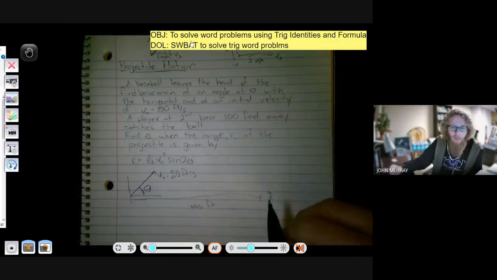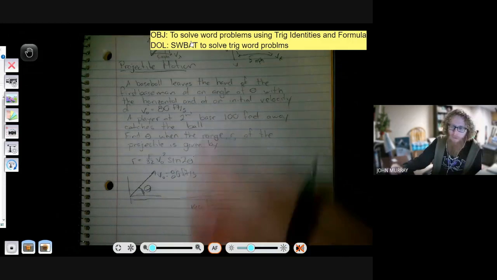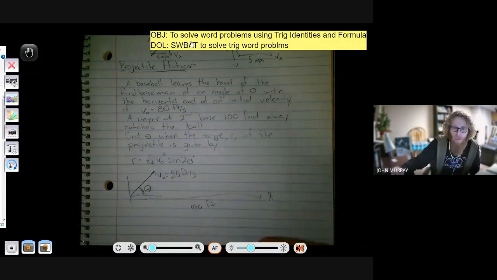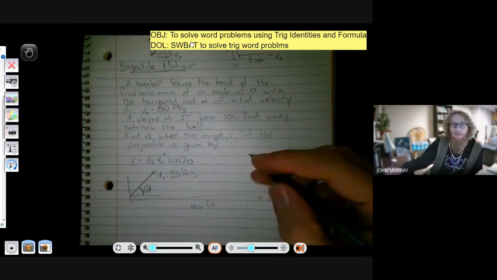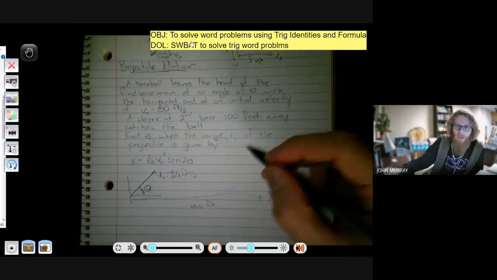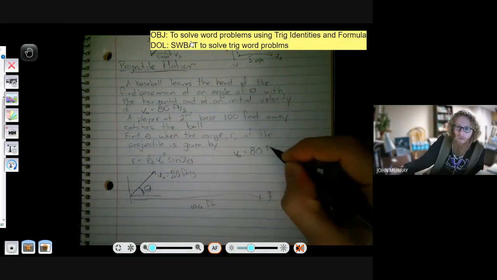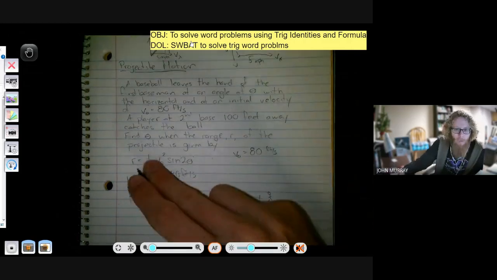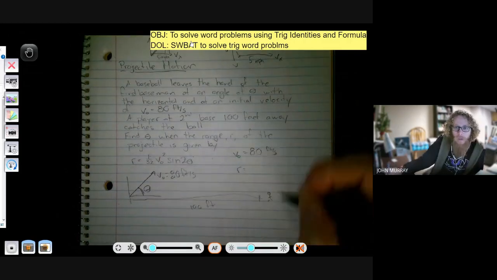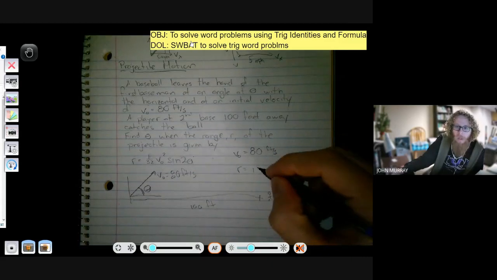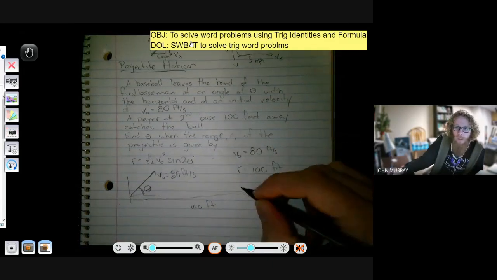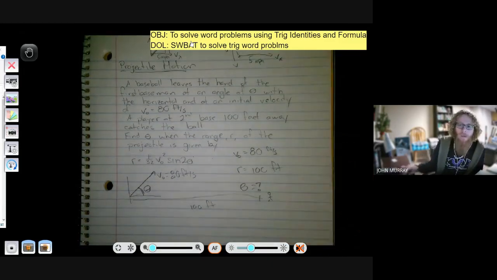So with these types of problems, okay, I've probably gone over this before, but I like to write down what we know and what we're trying to find out. So they tell us the initial velocity is 80 feet per second. Our range would then be 100 feet. And the angle is what we're trying to calculate.